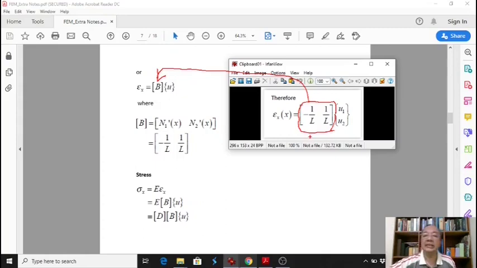The differentiation of the shape function we call B. And this is U1, U2, the nodal displacement, which we denote as U. So strain equals BU, where B is the differentiation of the shape function.